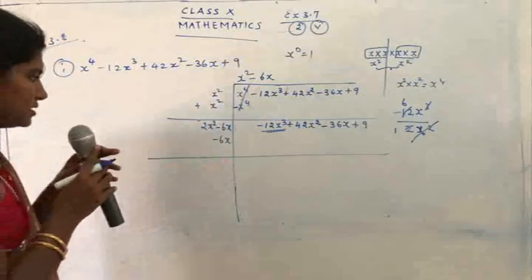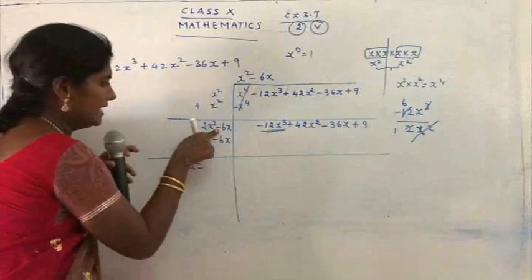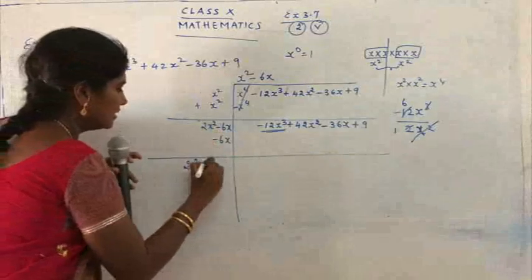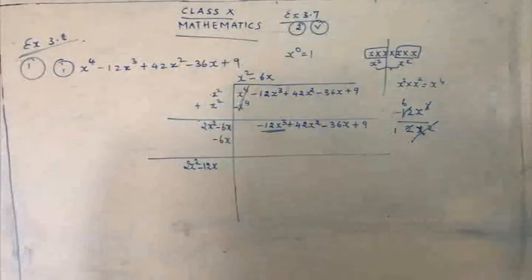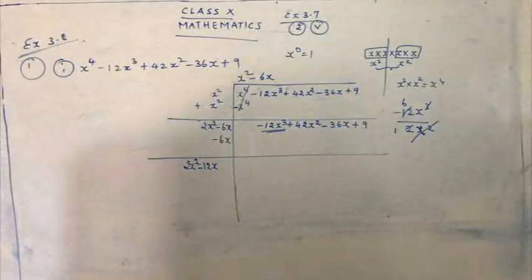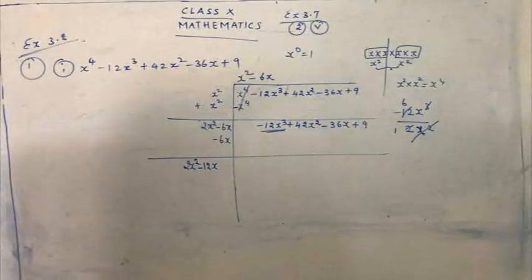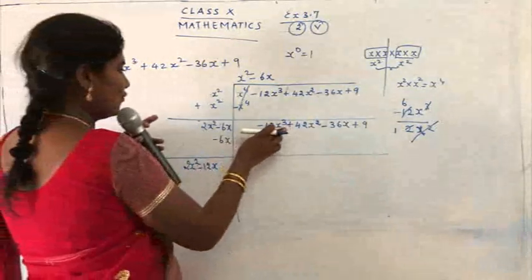Let's simplify this part. So it's 2x square minus 6x gives you 12x, and the variable is x. So I get 2x square minus 12x. Now let's complete the sum. Let's go with the sum.